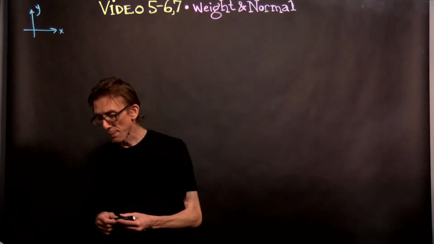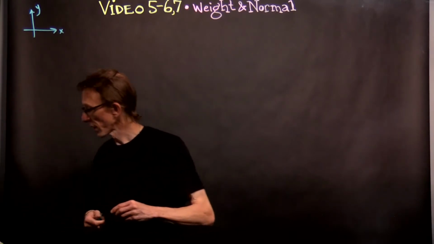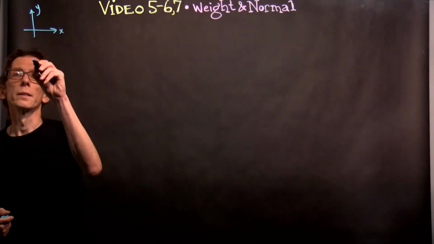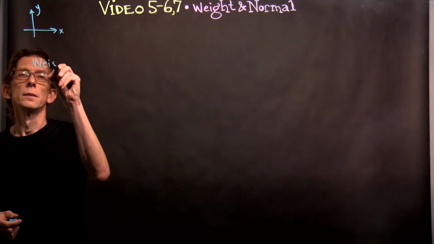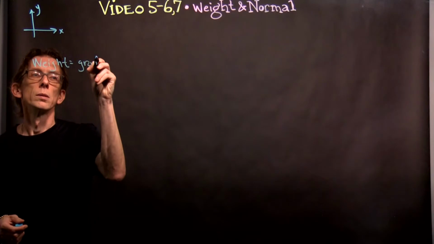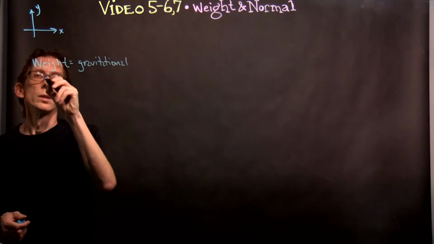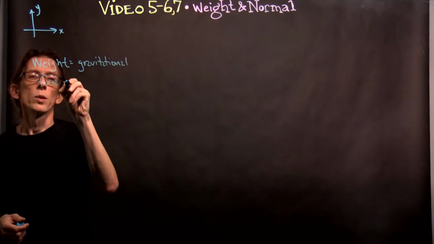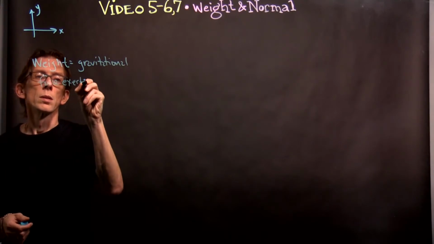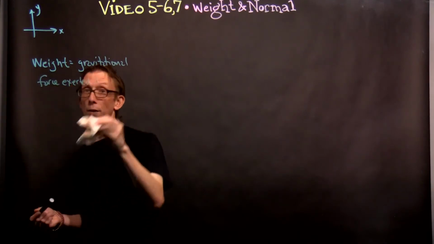Now, weight is basically, how do I have it worded here? The gravitational force exerted on an object. So, weight equals the gravitational force exerted on an object by another object.